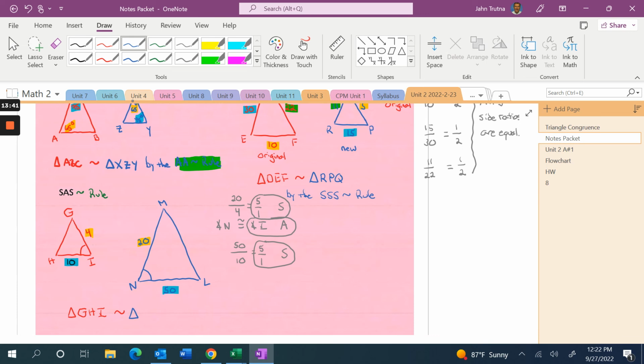G would have to match up with M. H would have to match up with L. And I would have to match up with N. So triangle GHI is similar to triangle MLN, and this would be an example of being by the side angle side similarity rule, which says that if two triangles have a pair of equal side ratios, a pair of congruent angles, and another pair of equal side ratios, and the angles in between the two sides, then those triangles are similar.